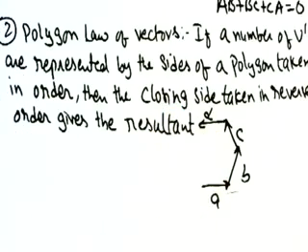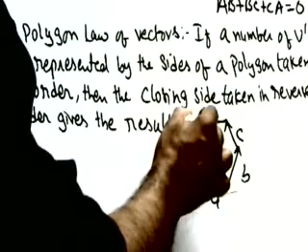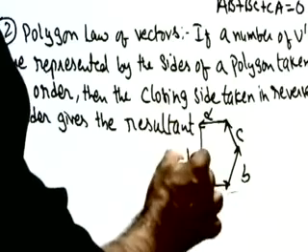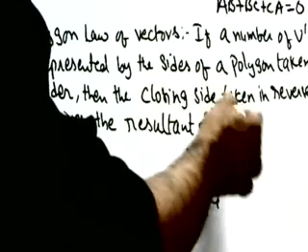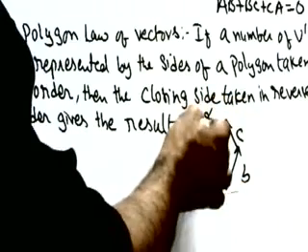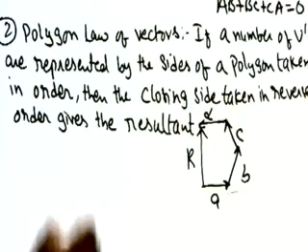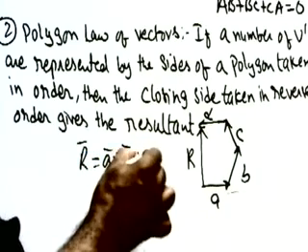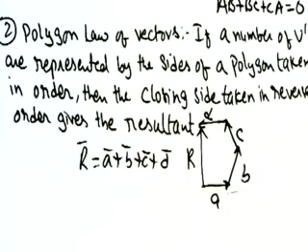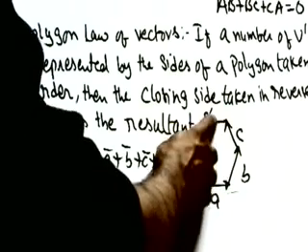The resultant is given by the closing side. You close this one, and this will become the resultant R. But it should be taken in reversed order. We are going like this now, but the resultant order will be reversed. So here the resultant R is given by A plus B plus C plus D. If we have more than two vectors, we use the polygon law of vectors.